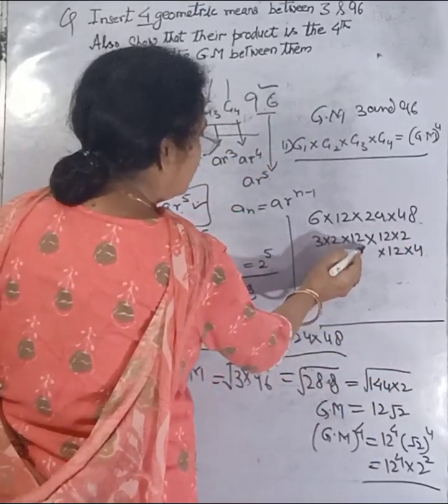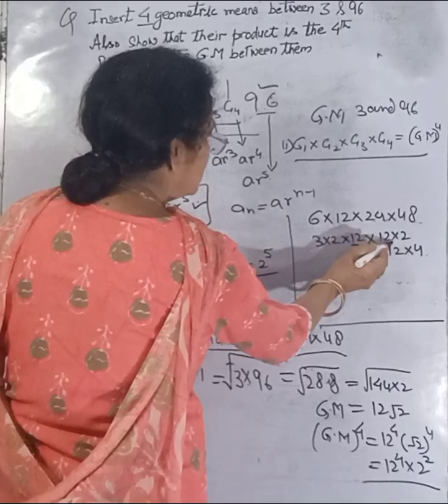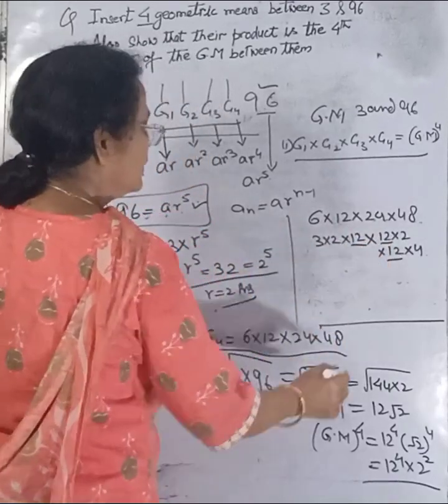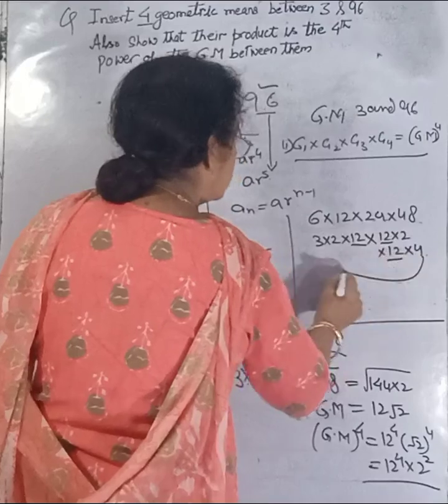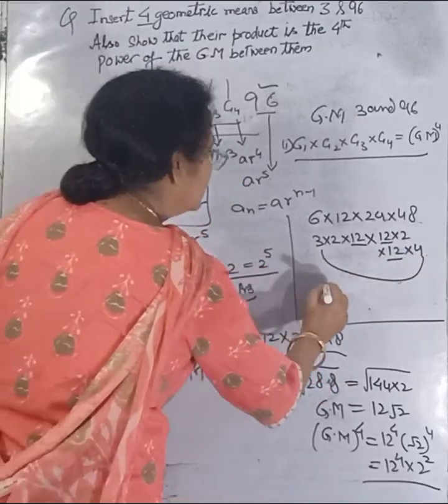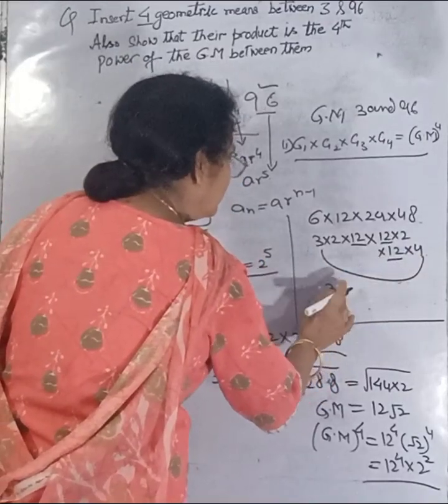It means we are having 3 12s. And this further can be written as 3 into 4 is equal to 12.